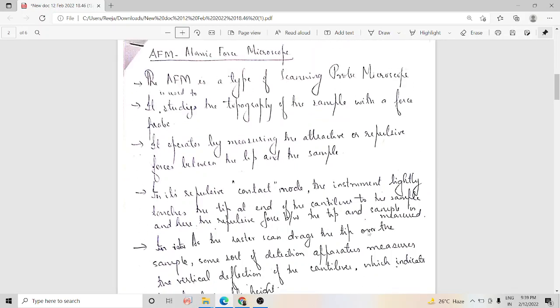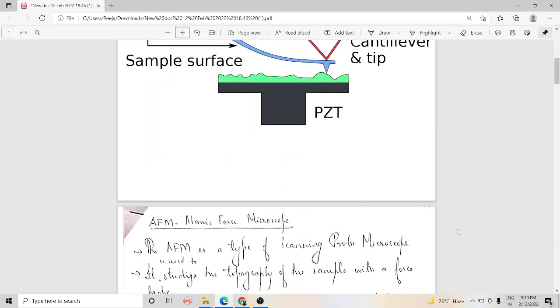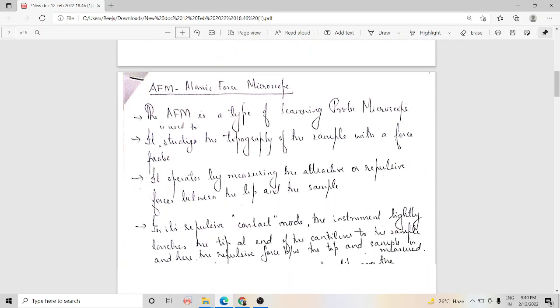One is the tip of the cantilever, that is the metallic tip that you use, which can be modified so that you can attain a very good resolution for your AFM. And the second one is the piezoelectric tube, which is also a refinement which enables the AFM to attain a good resolution. Those two will be discussed in the next class.